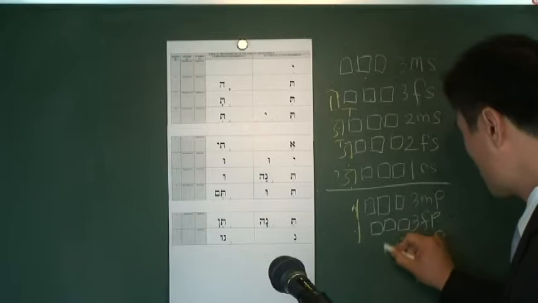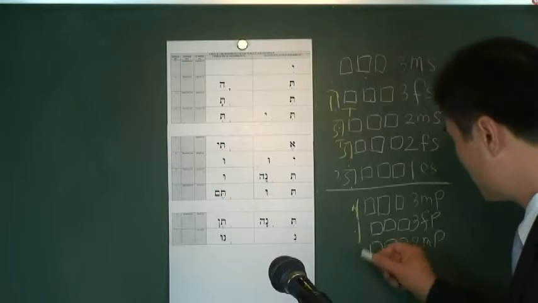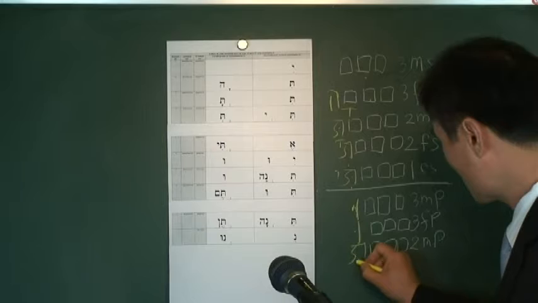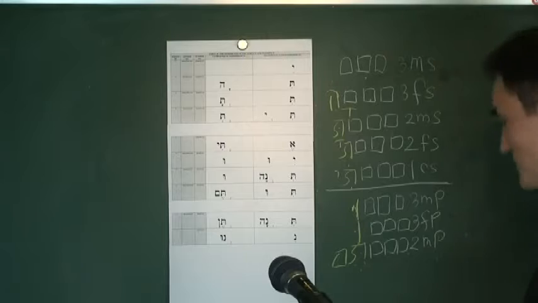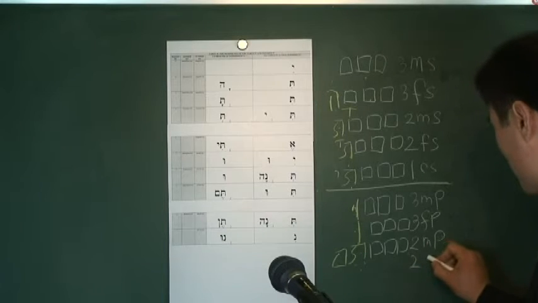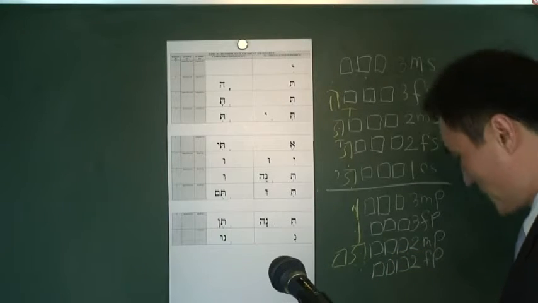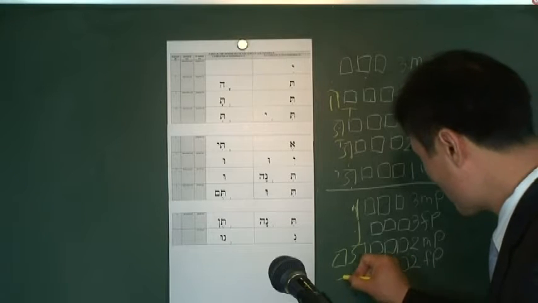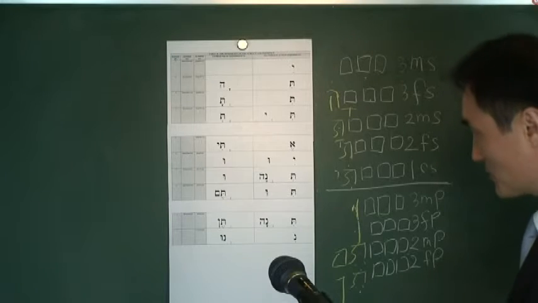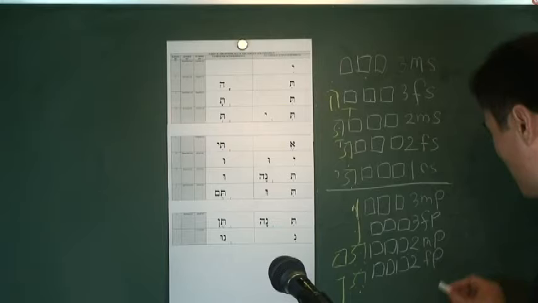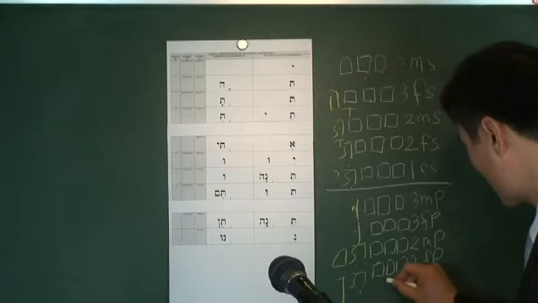Next, the second person masculine plural. The second person masculine plural has the ending tem at the basic root. Now the second person feminine plural. The second person feminine plural has the ending ten. Lastly, the first person common plural has the ending nu.